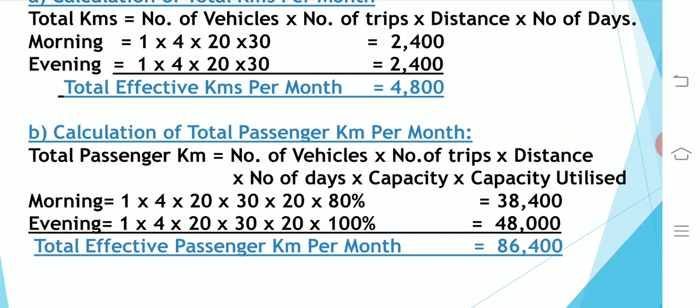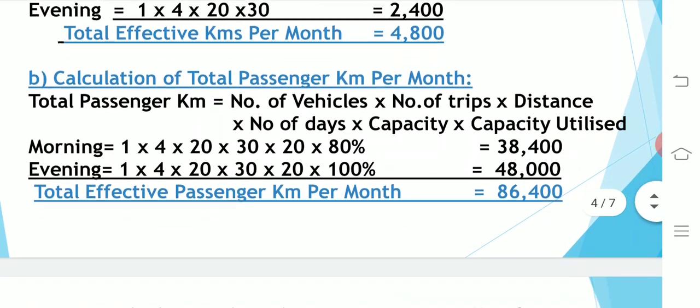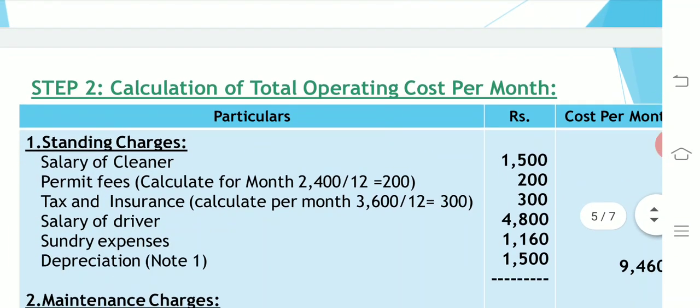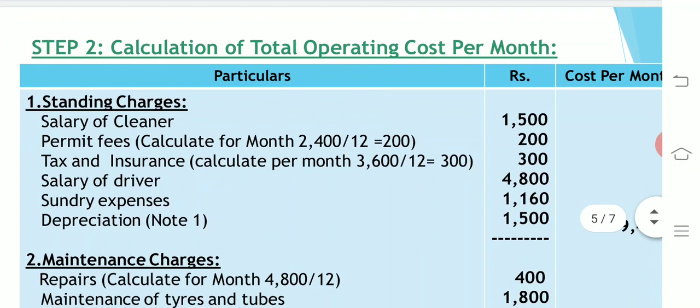There is no laying down of vehicle for repairs. So the total passenger kilometer is equal to total effective kilometer, that is 86,400.